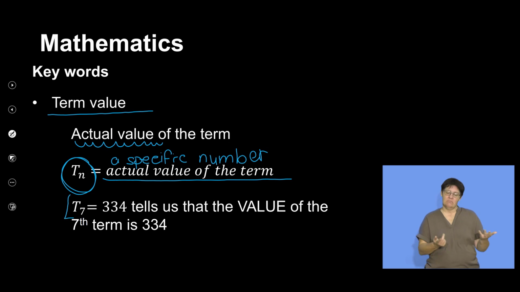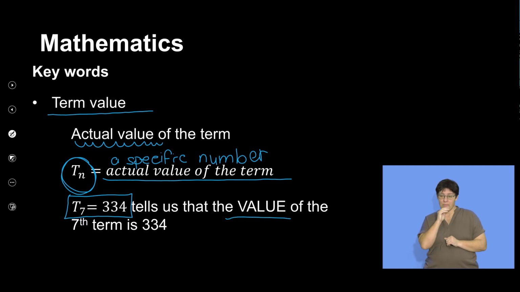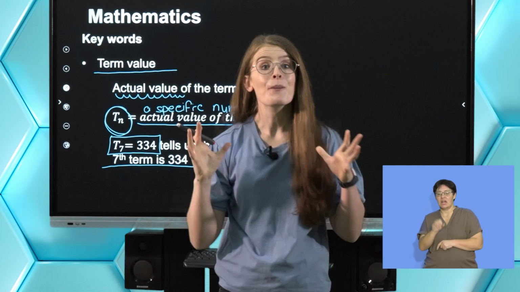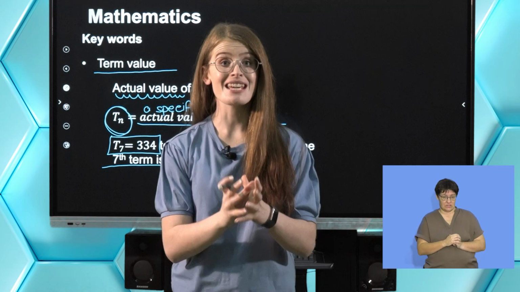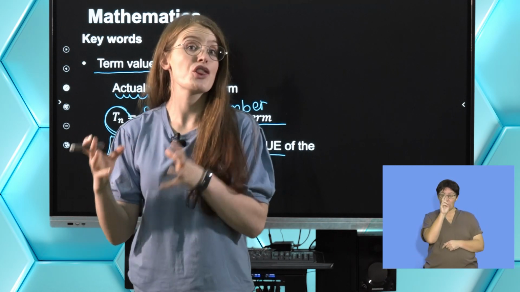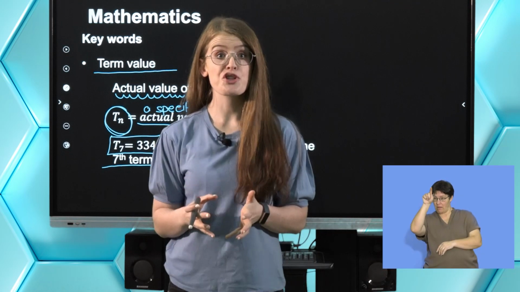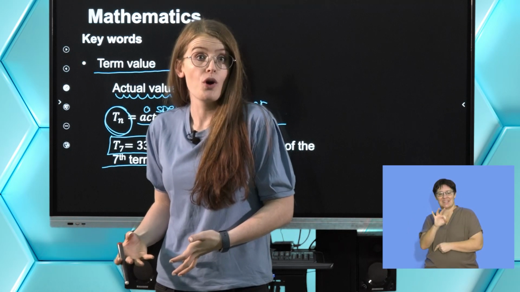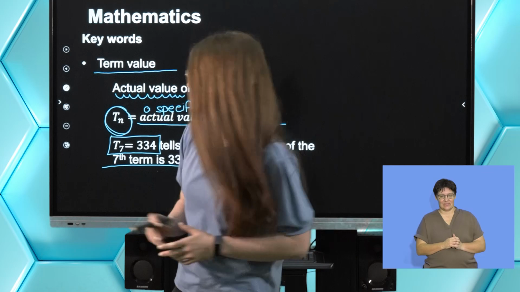If I say T7 is 334, that means that the value of the 7th term is 334. So with that example, 7 is my term number because it is the 7th term, but the 7th term is 334. So the term value is 334. Great, let's look at the next one.